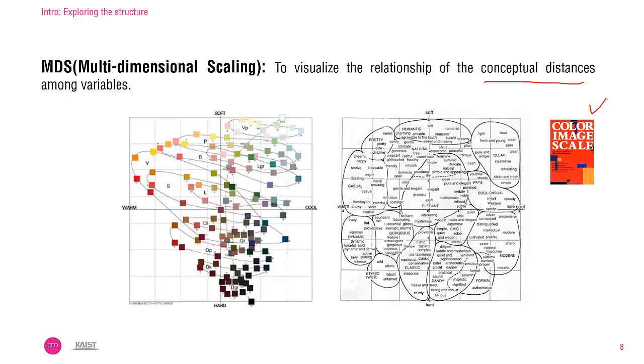He tried to deploy color chips into a three-dimensional space, which is profiled in terms of warm, cool, soft, hard, and dynamic, static. Again, for a practical reason, the first two dimensions are mostly mentioned. After positioning colors and style words in another coordinate, he overlapped these two coordinates to indicate which color corresponds to which style. And this color image scale is still very widely used.